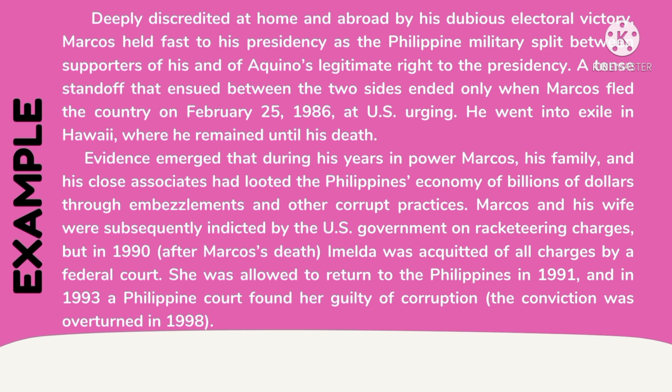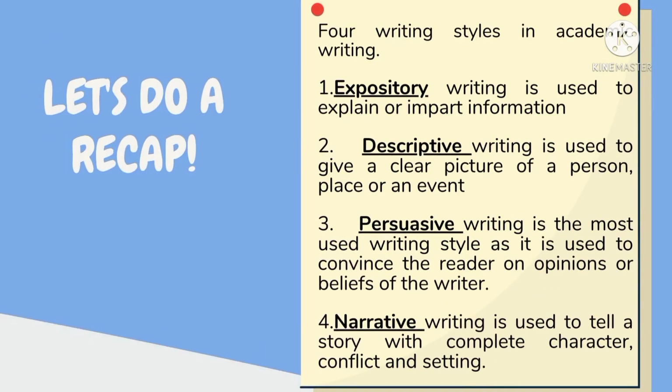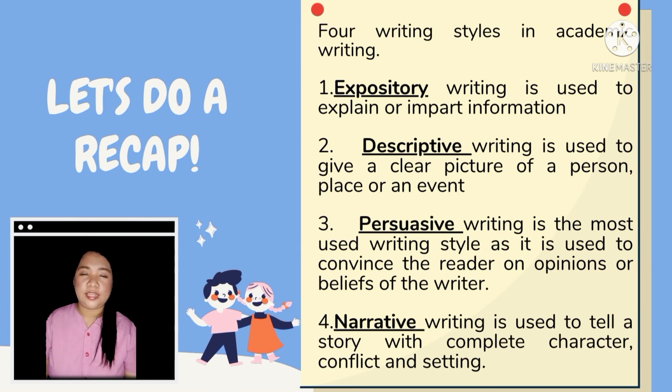So those are the 4 writing styles we can employ in academic writing. Let's recap the lesson. The 4 writing styles in academic writing are expository writing, used to explain or impart information. Next is descriptive writing, which is used to give a clear picture of a person, place, or an event.